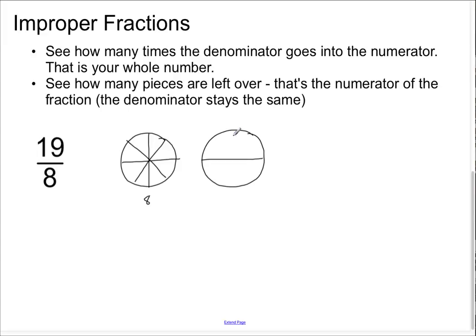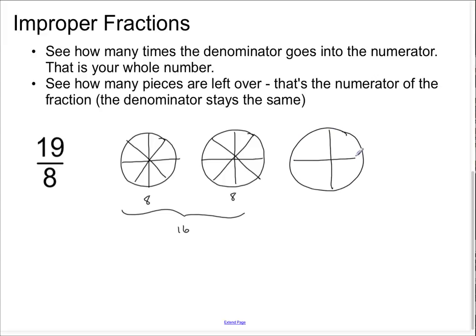So here's another 8. That gives me another 8 pieces. So in total right now I have 16. And so now I get another one that I'm going to split in 8 pieces. So if I add that together, I get 24.